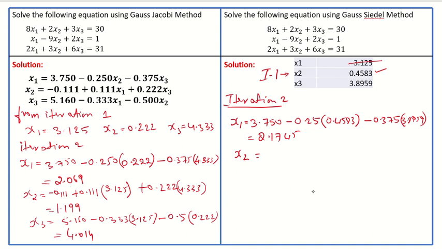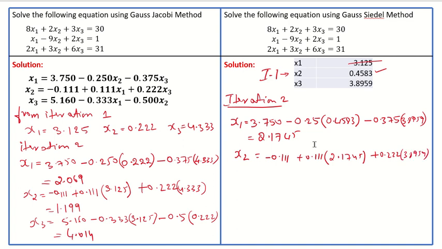So now x2 equal to minus 0.11 plus 0.111 x1. Now remember x1 is 2.1745, plus 0.22 x3. X3 is how much? 3.8959.